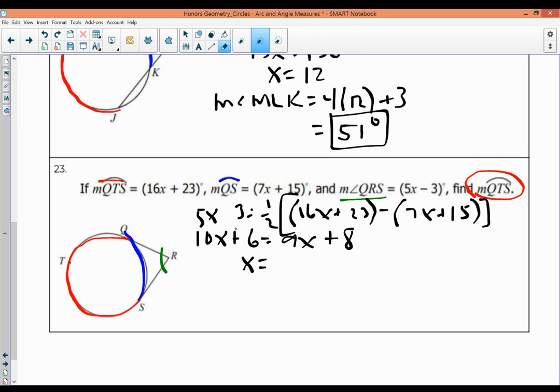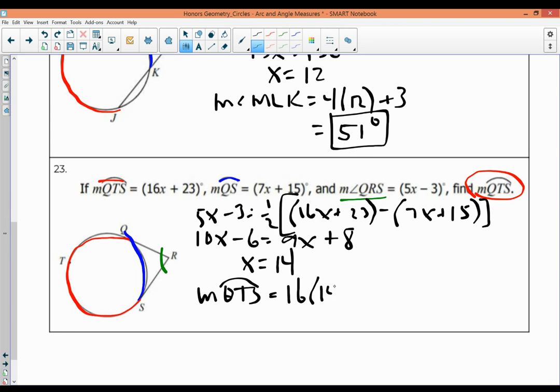That's 5x minus 3, 10x minus 6. So then I add 6 to both sides, gives me x equals 14. And I'm looking for the measure of arc QTS. So that'll be 16 times 14 plus 23, which is 247 degrees.